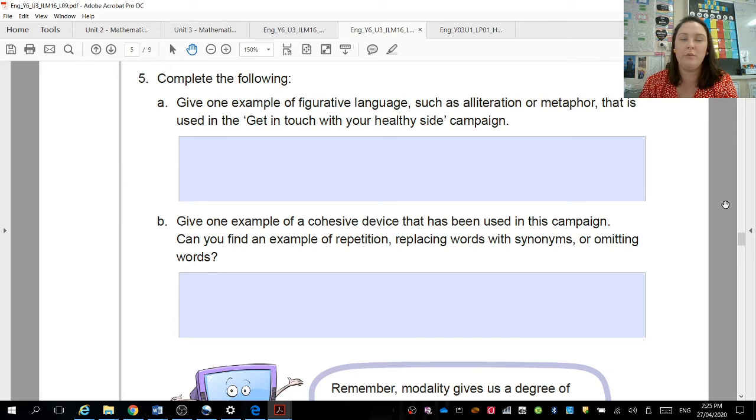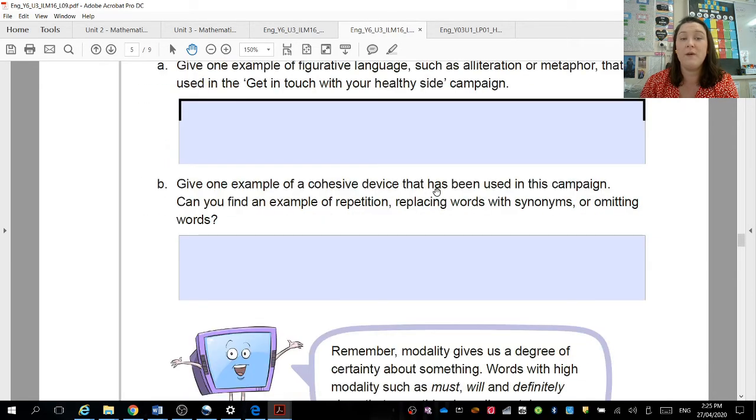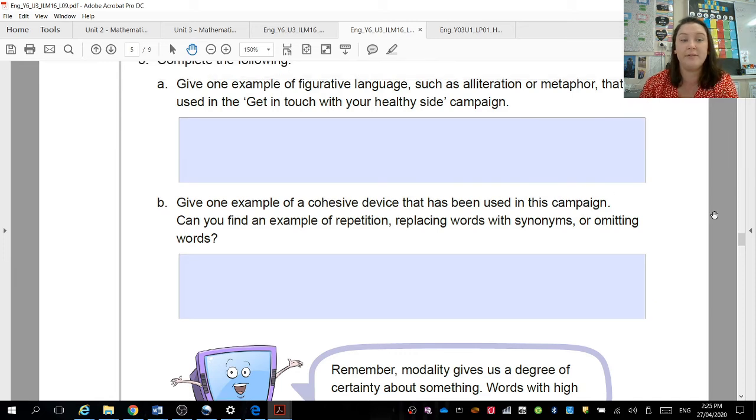It could be any one of the three advertisements used. Figurative language could be any of those things from up above. You're just going to find one example and write it in the box.